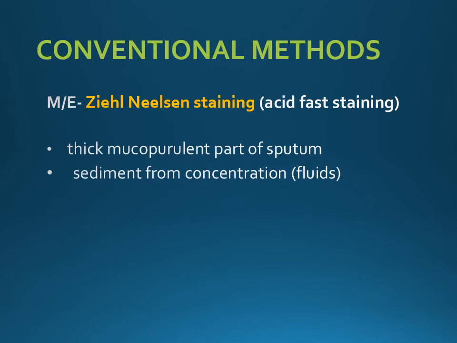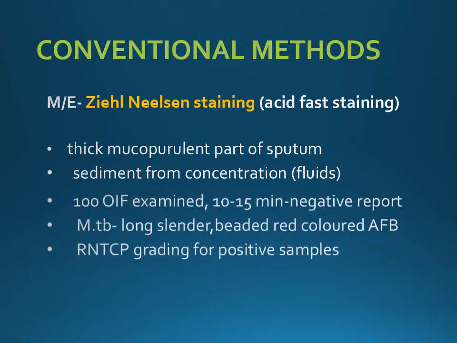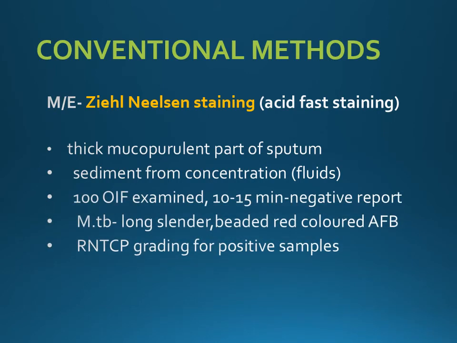If we have fluids like pleural fluid, pericardial fluid, or urine, you have to concentrate those fluids and take the sediment and stain it with ZN staining. When we examine these slides, at least 100 oil immersion fields should be examined before declaring the slide negative.